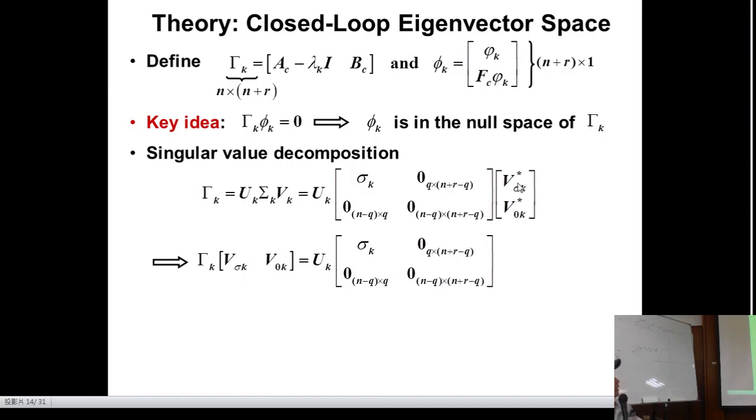Now, by the way, when I move this one to the left-hand side, if you recall the singular value decompositions, V and U, we call them unitary matrices. That means what? Their inverse is their transpose.